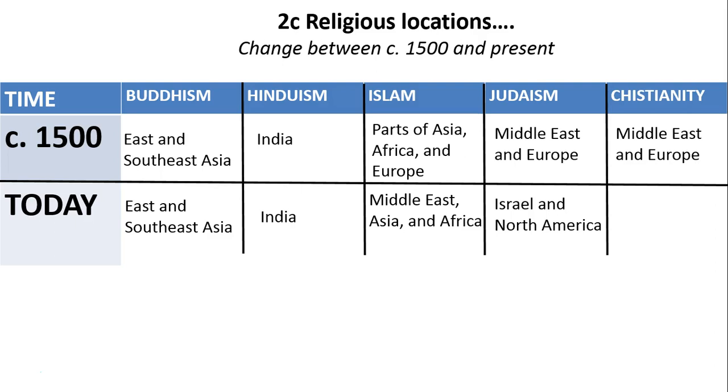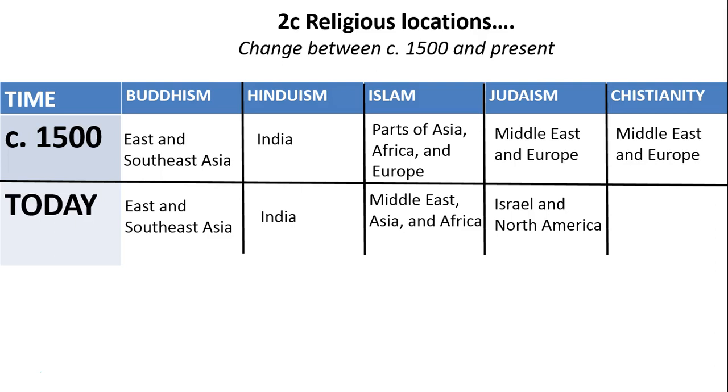After World War II, the Jews were given a homeland again, their old homeland, and of course this has caused religious conflict. But now Jews are focused in Israel. And also Jews have moved to the United States, also Canada, but focused really on North America and the United States.